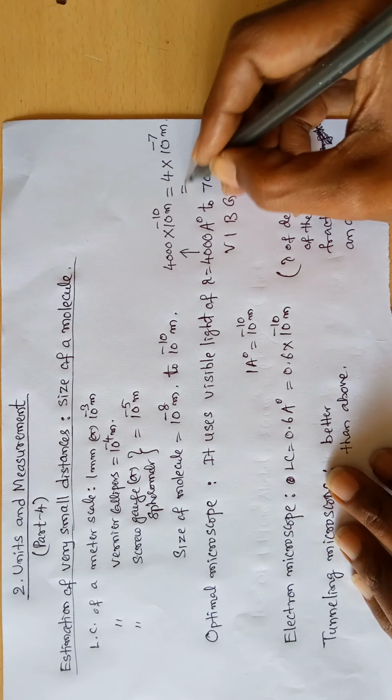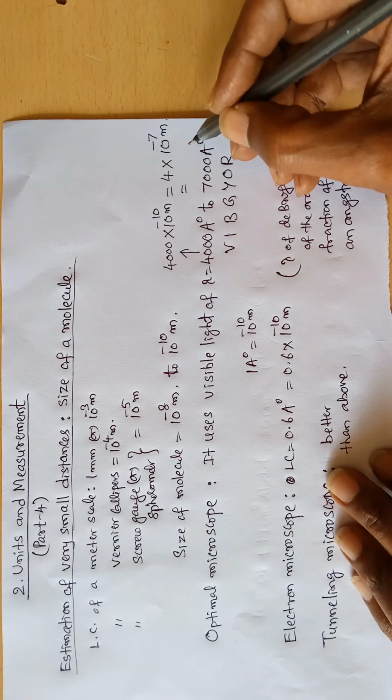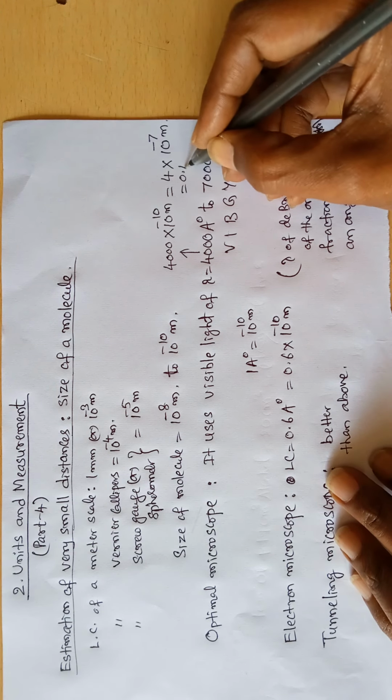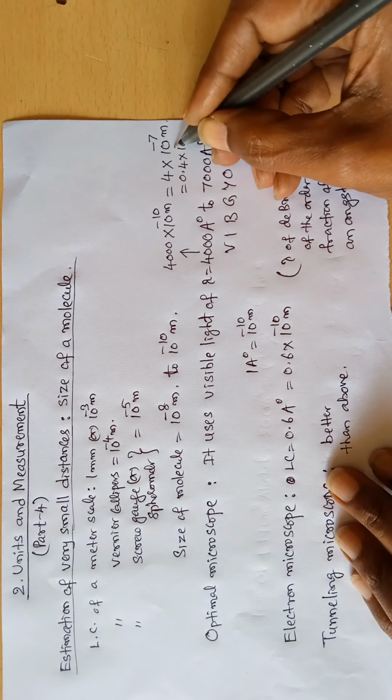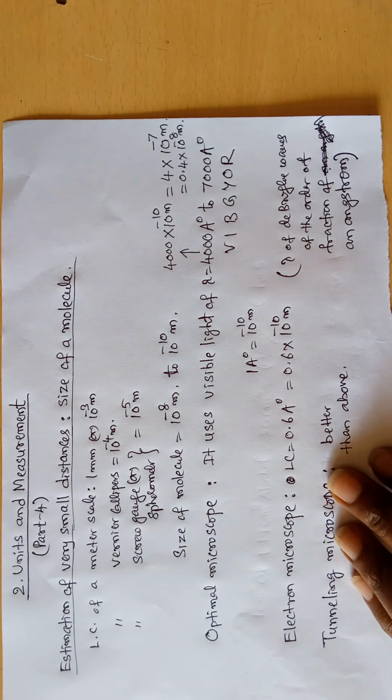Or you can write, dividing numerator and denominator by 10, 0.4 into 10 power minus 8 meters.